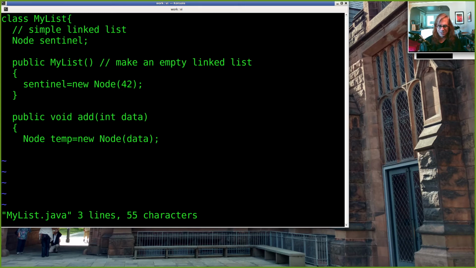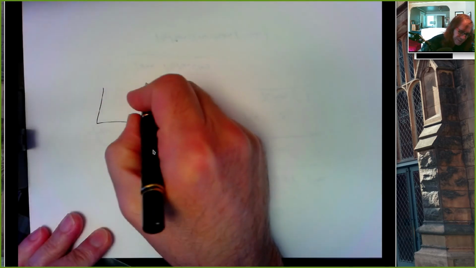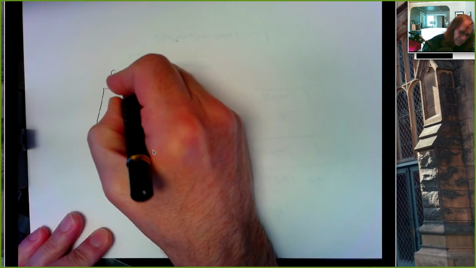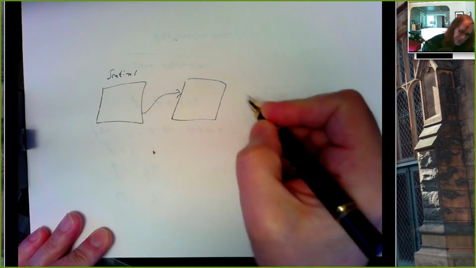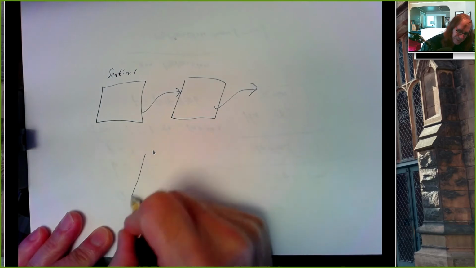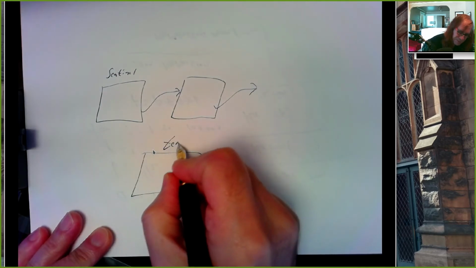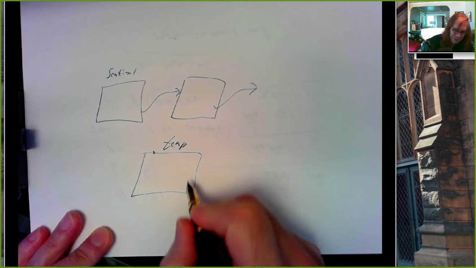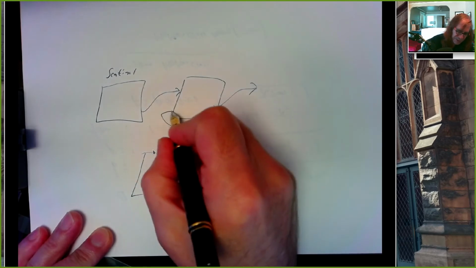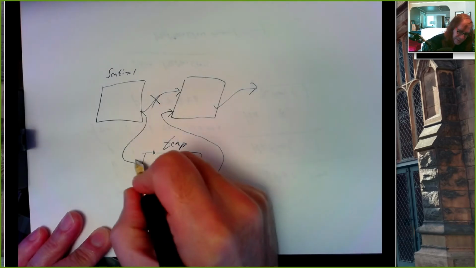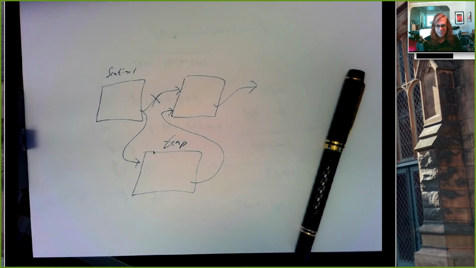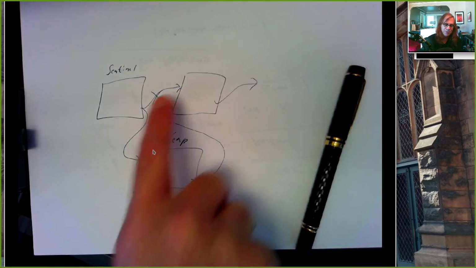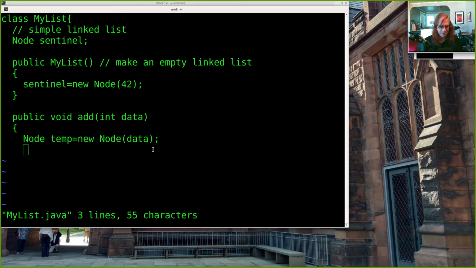And then how are we going to insert this? Well, quick refresher on linked lists. So the sentinel is pointing here already. We're going to make this new node temp. And we want to change temp to point to here, and then change the sentinel to point to temp, because I'm inserting in the beginning. All right. So first thing, temp should point to whatever sentinel is pointing to.